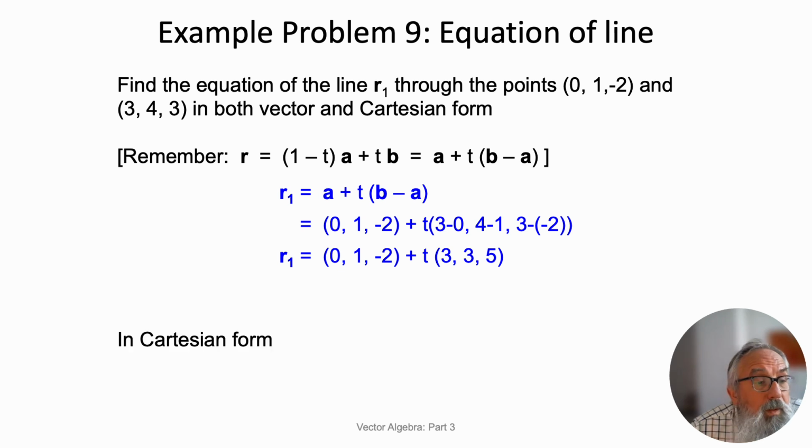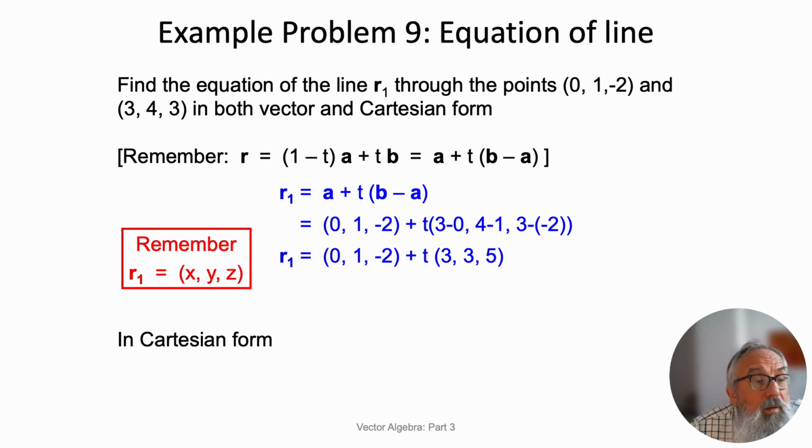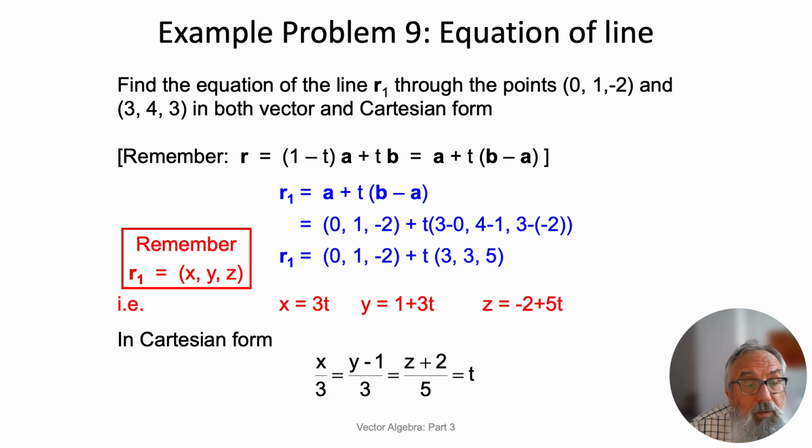In Cartesian form, we rewrite R1 as x, y, z. So we just rearrange this whole thing into the three components, so x equals 3t plus 0, y equals 3t plus 1, and z equals 5t minus 2, and rearranged into expressions in terms of t, then we can equate all three, and there's our Cartesian form.